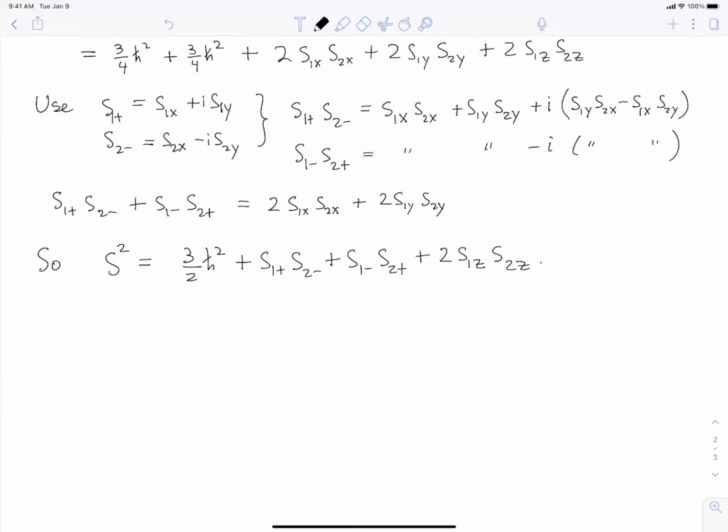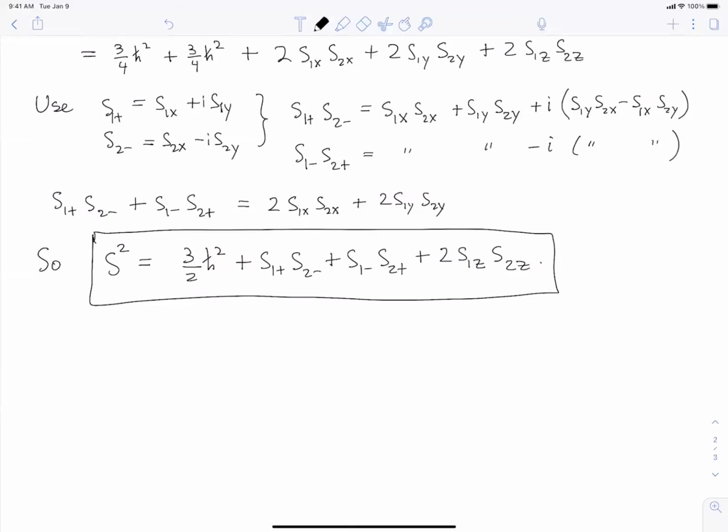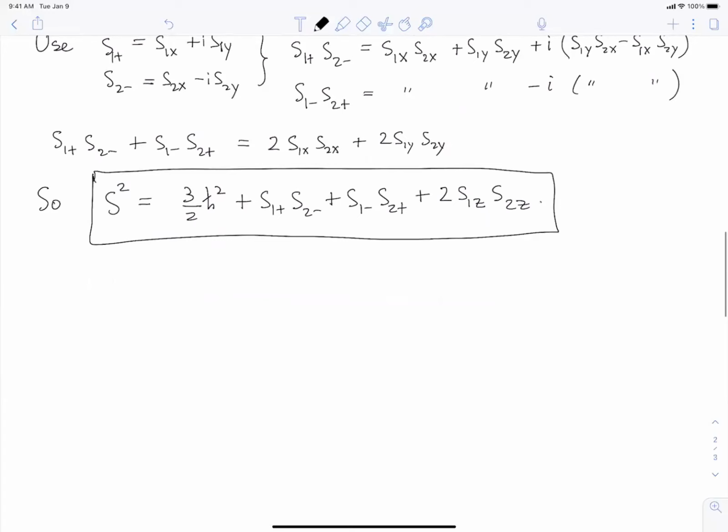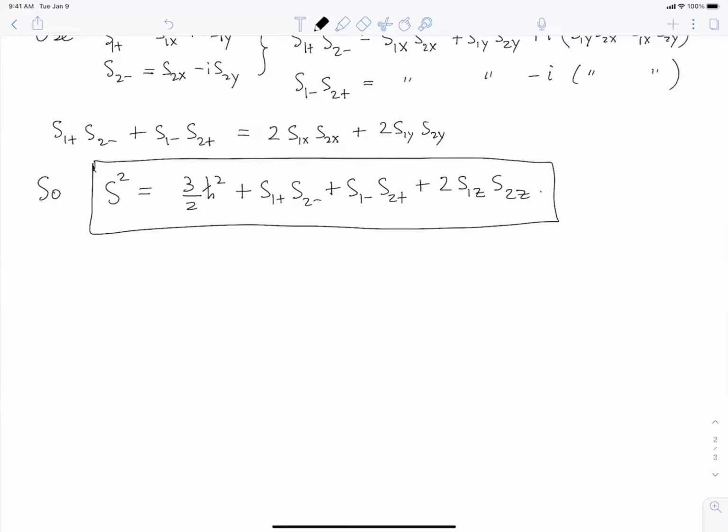So the idea behind all of this is to get things in a form where we can act easily on product eigenbasis states. And so the claim is that that way of writing S squared has accomplished the task. So recall S plus, and I'm not putting a label on it because now I'm just going to do this generically for any single spin.